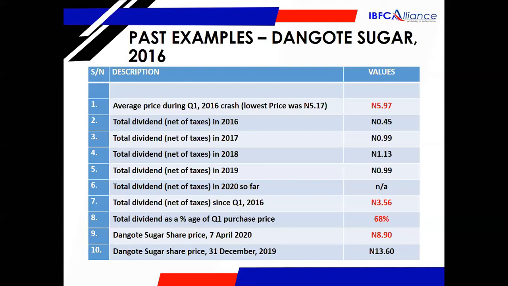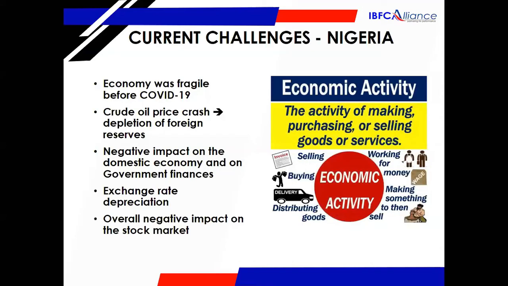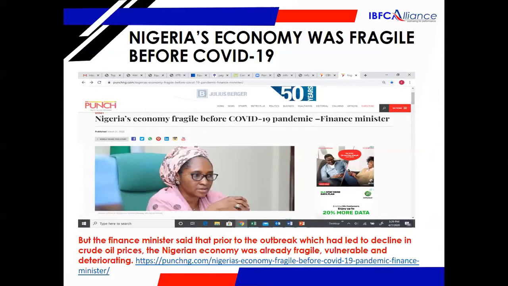Remember also the words of the Nigerian finance minister. I'm paraphrasing now, she said that before COVID-19 arrived on our shores, before Russia and Saudi Arabia began to fight at all, the Nigerian economy was already fragile, vulnerable, and deteriorating.